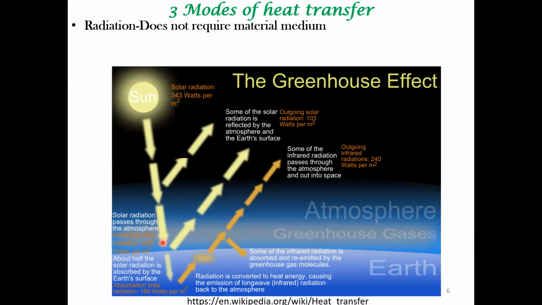These are all strong greenhouse gases. They can absorb and re-emit electromagnetic radiation. So there is some incoming radiation, and there is radiation that goes out.